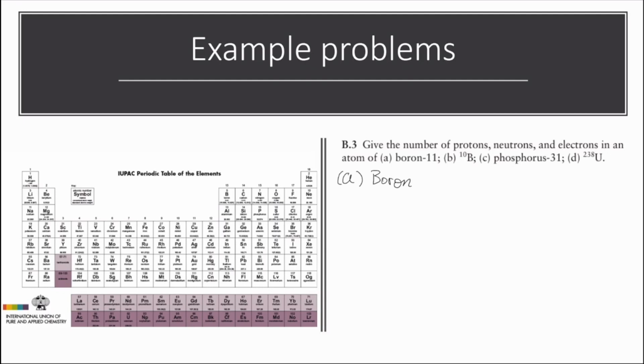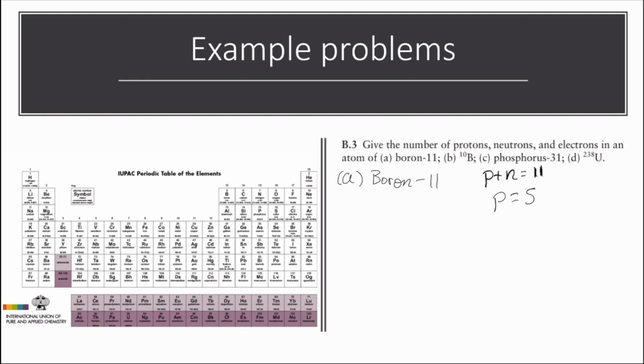So the 11 here, as we remember from the carbon isotopes, is the atomic weight. So that is protons plus neutrons equals 11. Then we have to look at the periodic table, and we see that boron has a 5 on the top. That is its atomic number. So an atomic number is the number of protons.